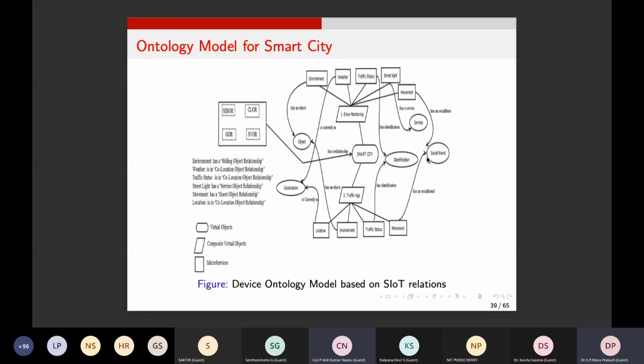This environment has some object and some identification. It has some social friend. It has some services. From this, we can convert this into a social IoT, where we say that this environment has a sibling object relationship, since both are the same object.